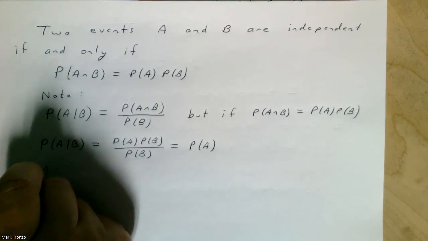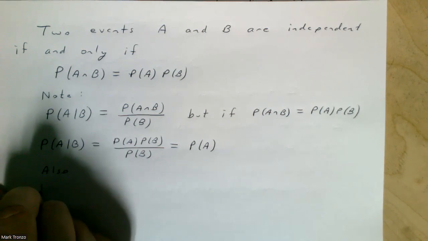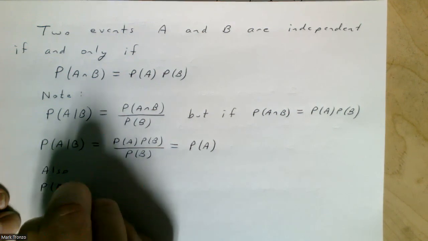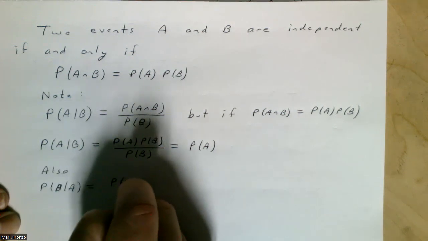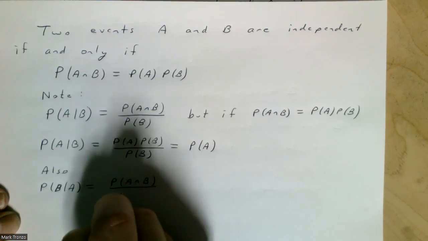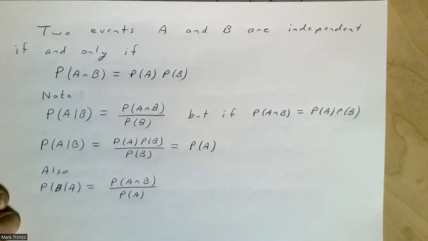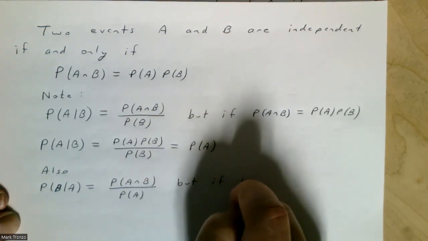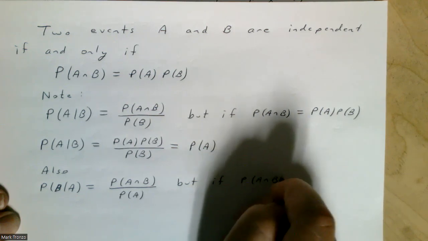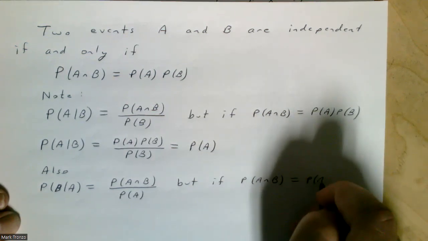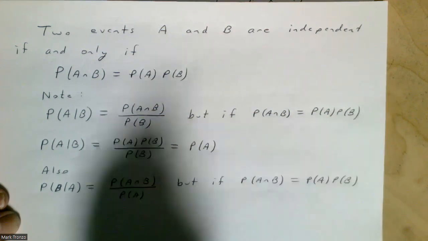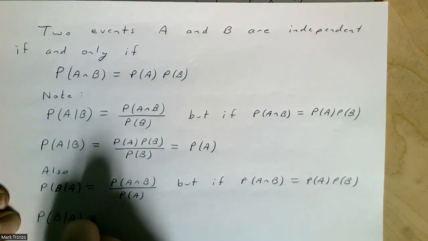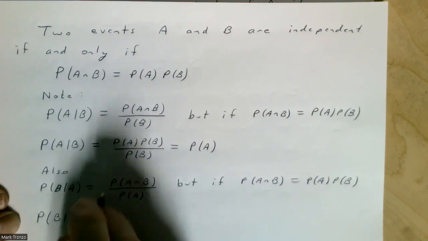And then also, the probability of B given A is equal to the probability of A intersection B divided by the probability of A. But once again, if the probability of A intersection B is equal to the probability of A times the probability of B, we plug that in right here.